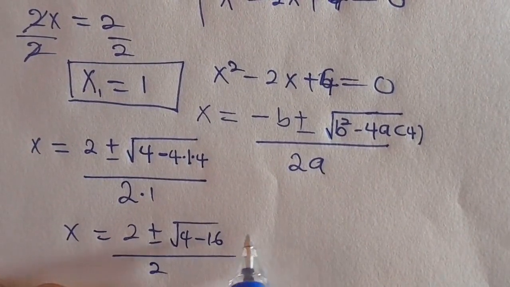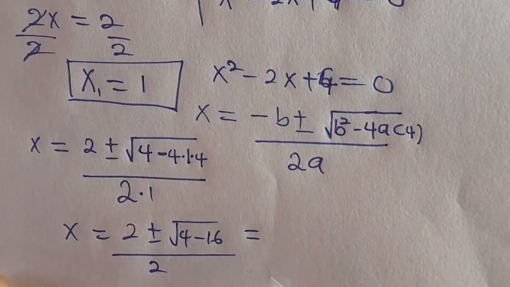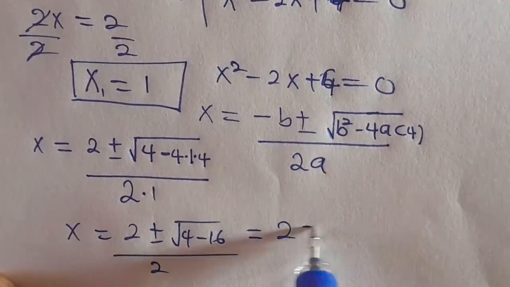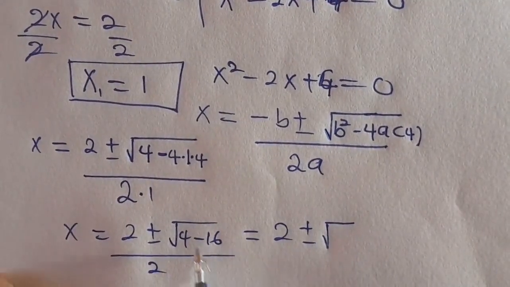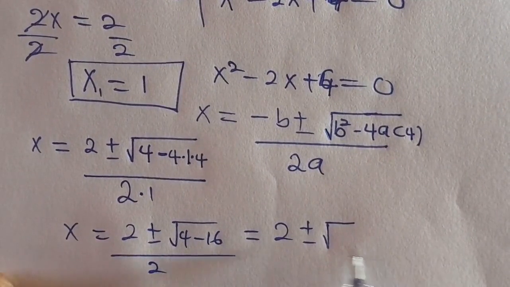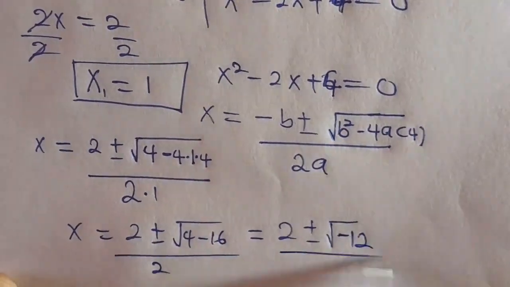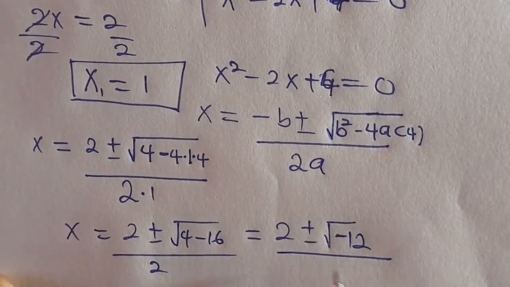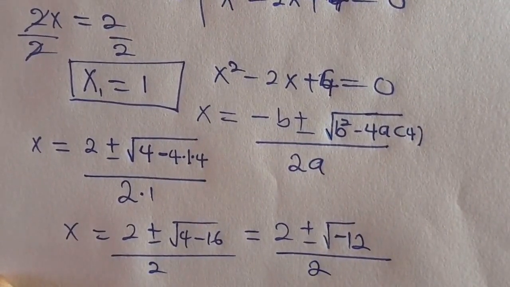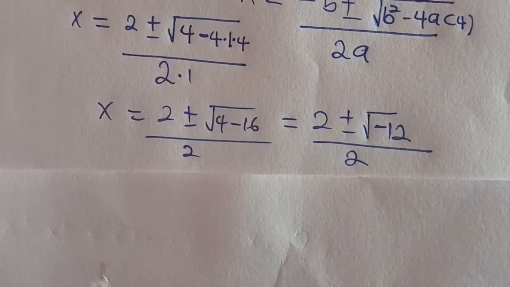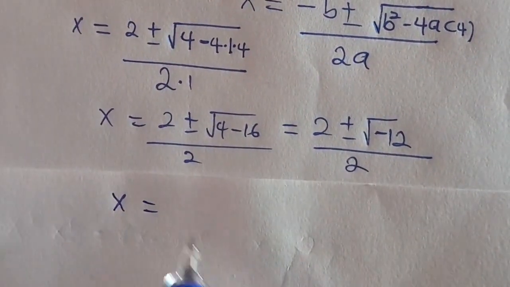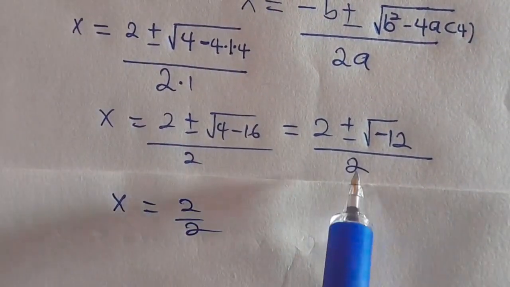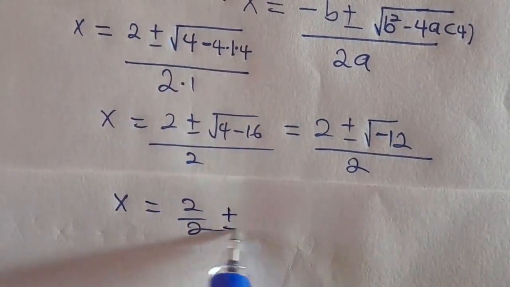And so therefore, guys, we have this one to be equals positive or negative, square root of 4 minus 16 will give us minus 12, then divided by this 2. So from here you have our x to be equals 2 divided by 2, this one divided by this, then positive or negative.